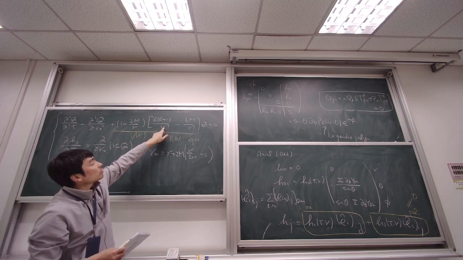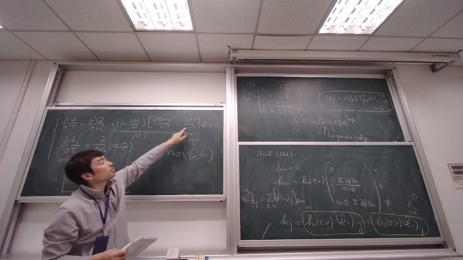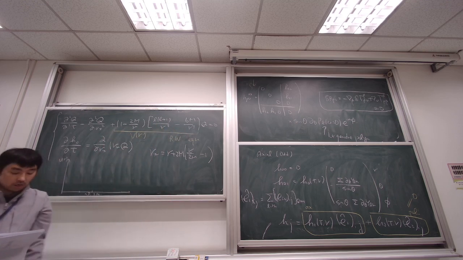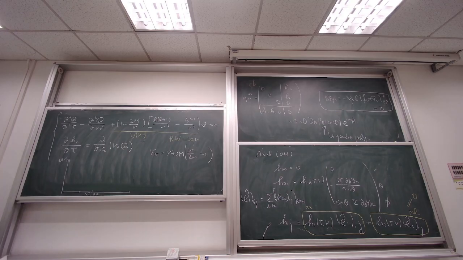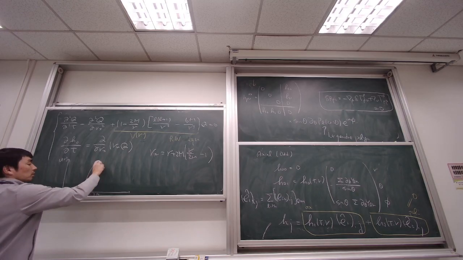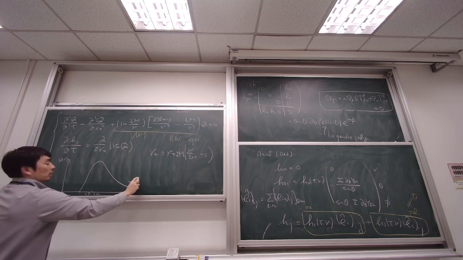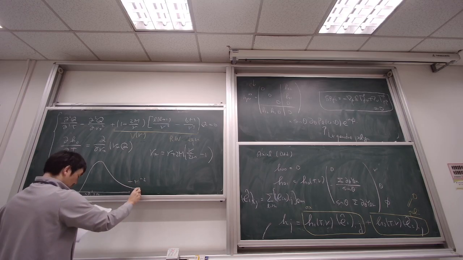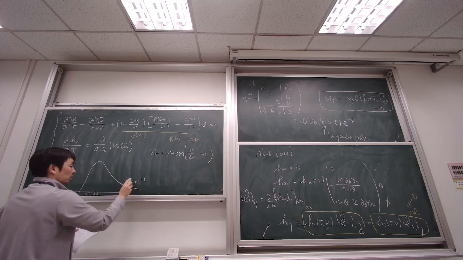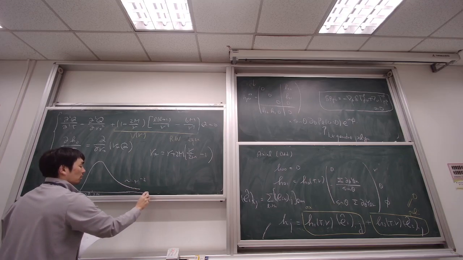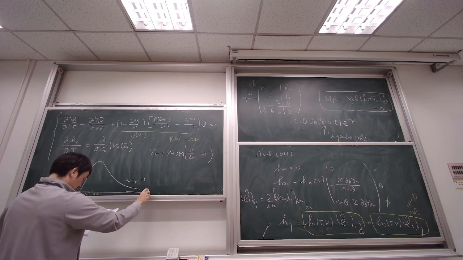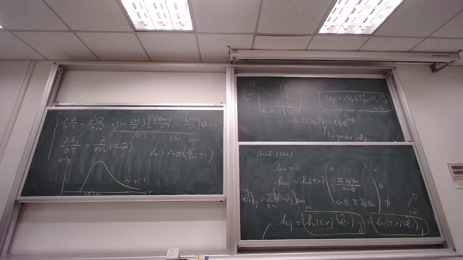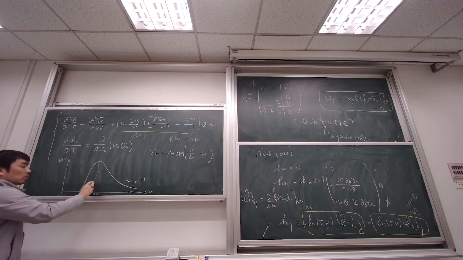But once r goes to infinity, this term becomes 0, so therefore it goes to 0 as well. Asymptotically it just decays as r to the minus 2. So that's how it behaves, with a maximum like this.